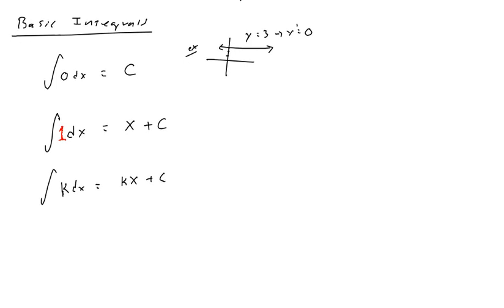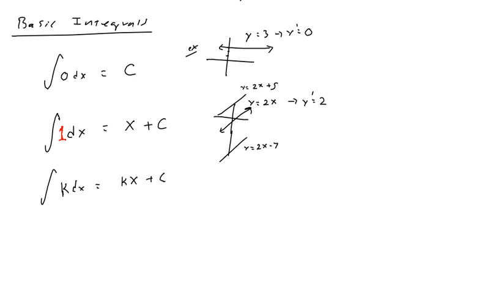And so for example, if I had an equation like y equals 2x, the derivative of that is 2. But it also could have been y equals 2x plus 5, or y equals 2x minus 7.